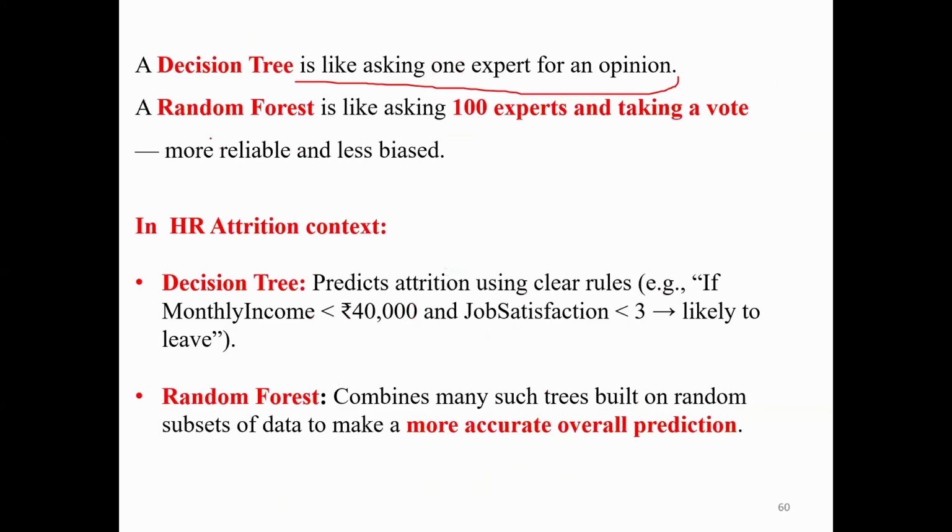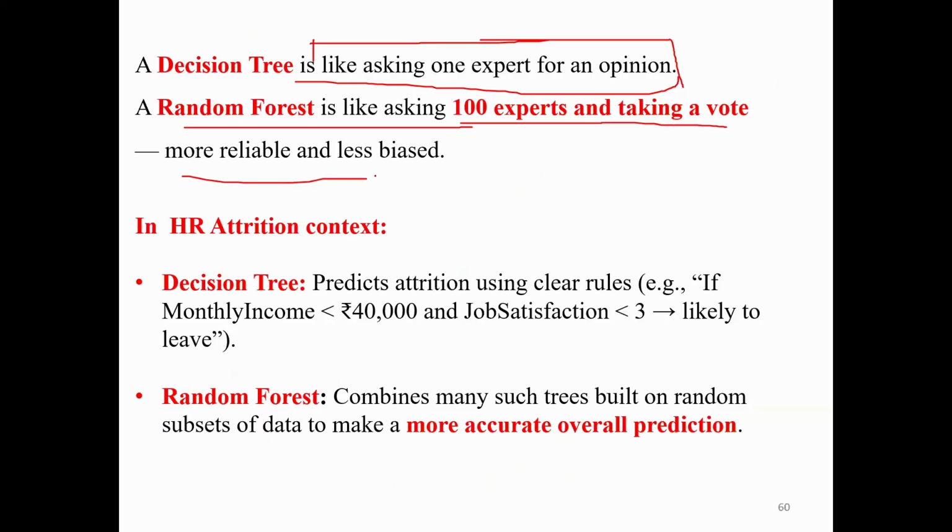I'll explain that next. A decision tree is like asking one expert for an opinion, as I have told you, one HR. A random forest is asking 100 HR persons and taking a vote, which is more reliable and less biased. Less biased, because suppose one person made a mistake and the HR guy doesn't like that person.